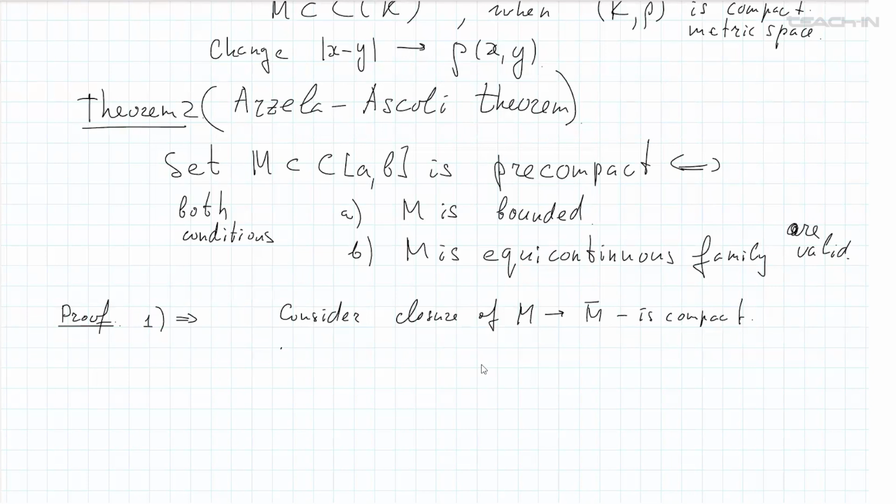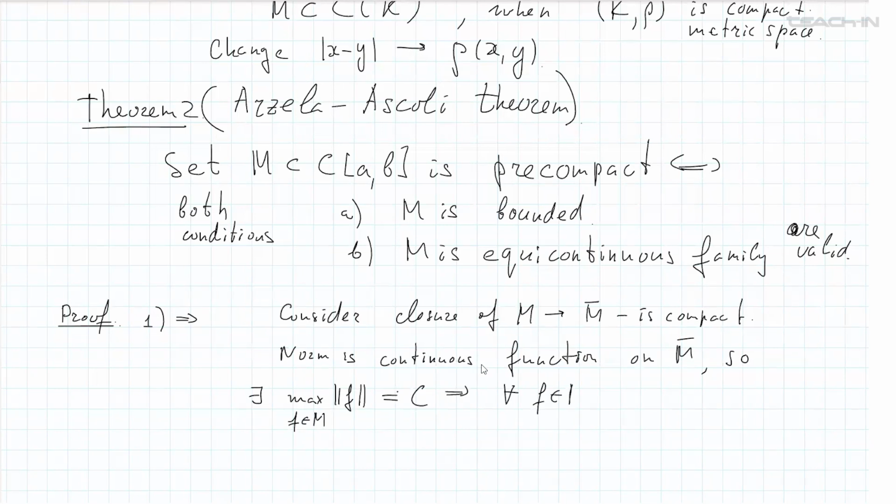The norm is a continuous function on it, on M closure. So there exists a maximum of the norm function f in M. Let's see then, for any f from M, here M overline, it implies that norm f is less or equal to C.